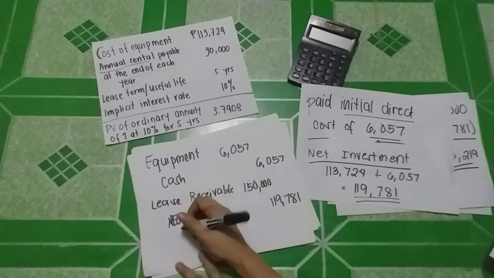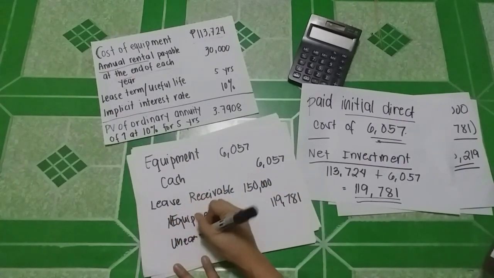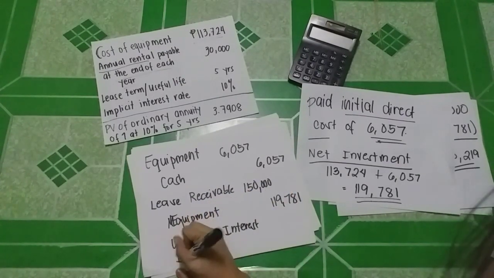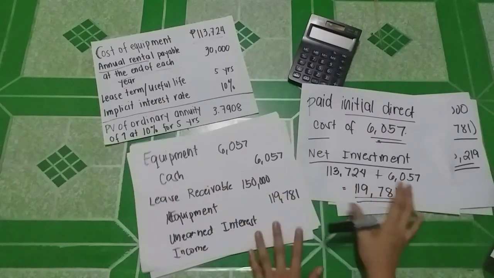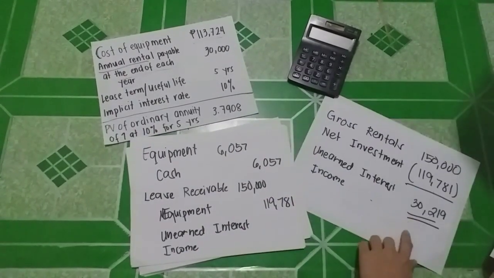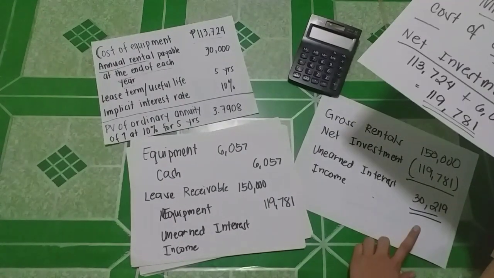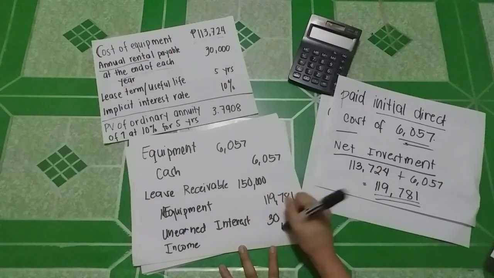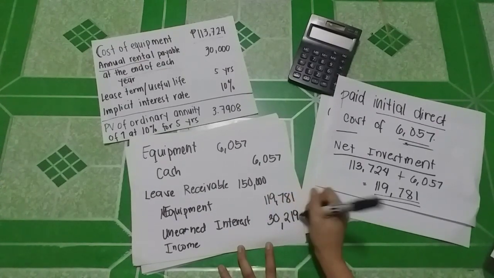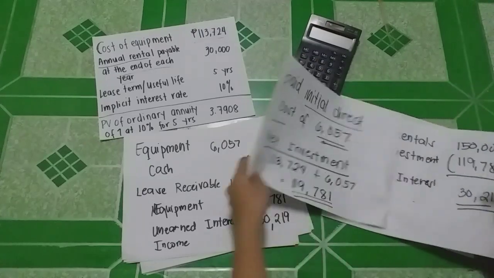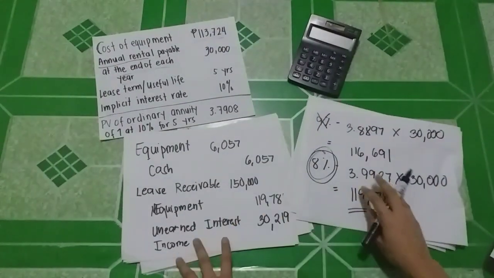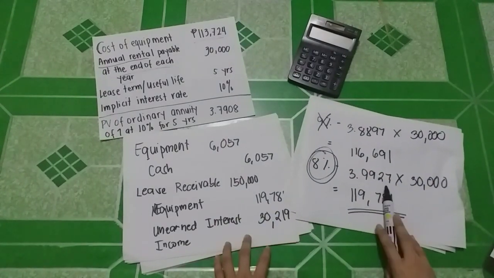And we should also credit the unearned interest income by 30,219. So this new implicit interest rate will now be used for the table of amortization.